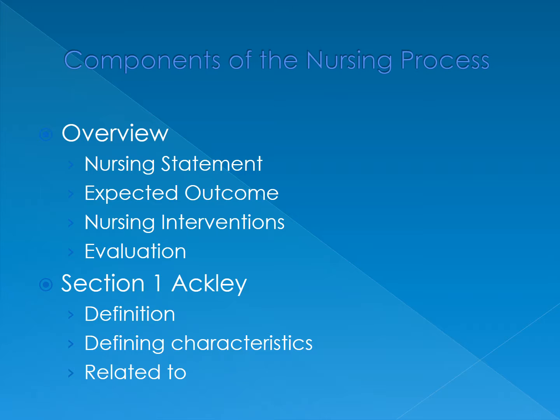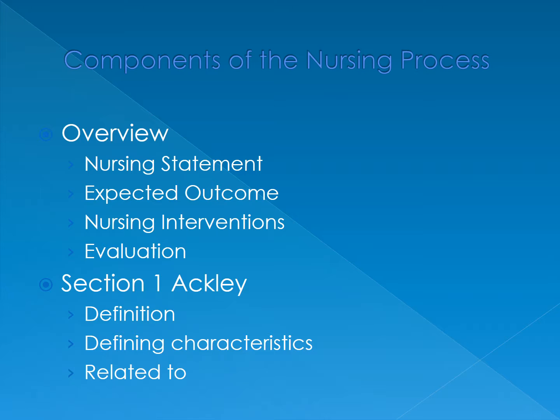It says defining characteristics. Right underneath that, these are what we call the signs and symptoms, the evidence, the as evidenced bys, the as manifested bys. They're telling us exactly what I should see in this person for me to know that they are having caregiver role strain. It says here apprehension about caregiver's care.